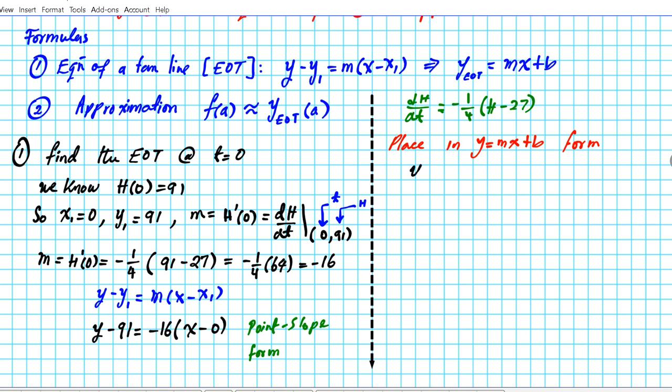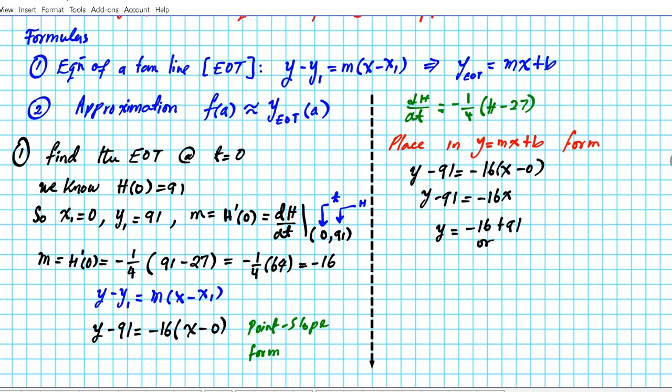So we have y minus 91 equals negative 16 times (t minus 0). Just get y by itself. So you have y minus 91, distribute negative 16, equals negative 16t, and then you add 91 to both sides, and you have y equals negative 16t plus 91.